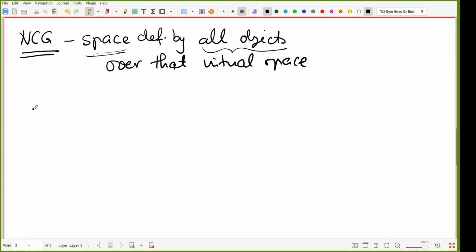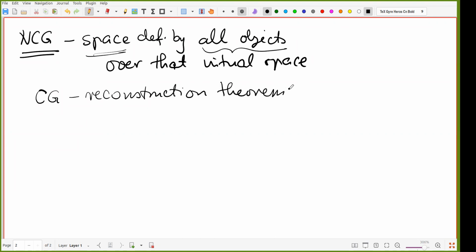So first, why is this a good philosophy? Because in commutative geometry, you have so-called reconstruction theorems. What do reconstruction theorems say? That you have some classical notion of space, say a topological space or differentiable manifold, or something in topos theory, but it's more classical than non-commutative in a sense.